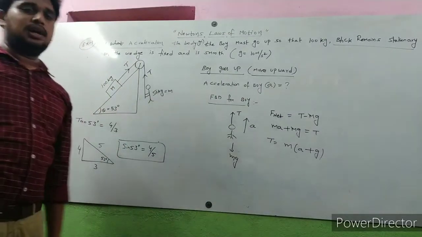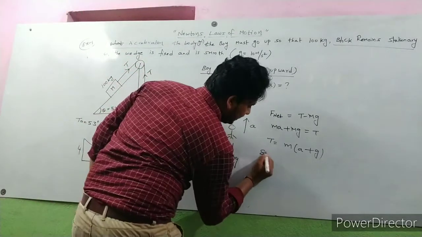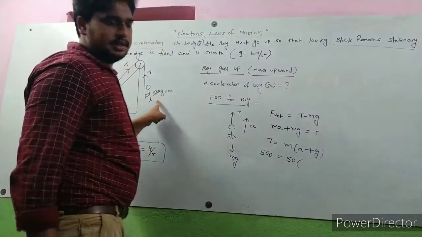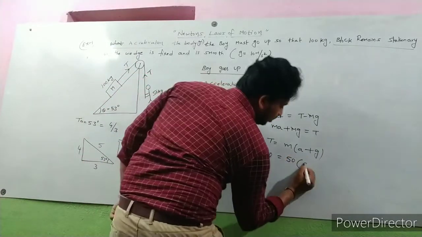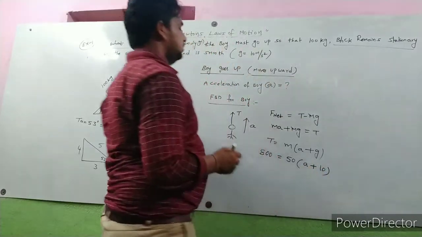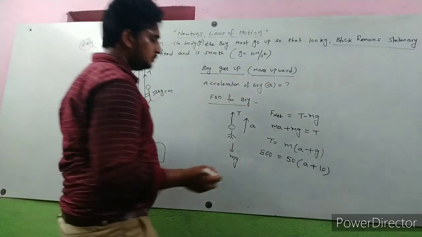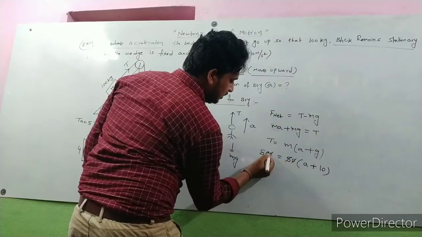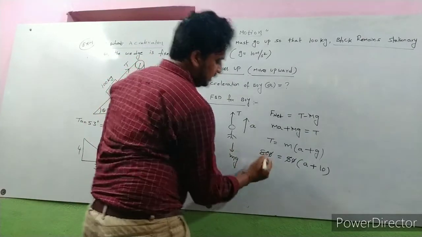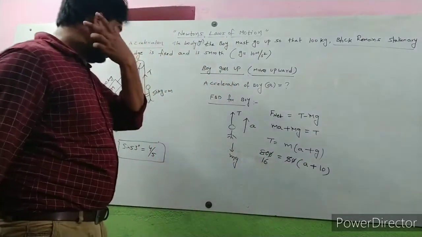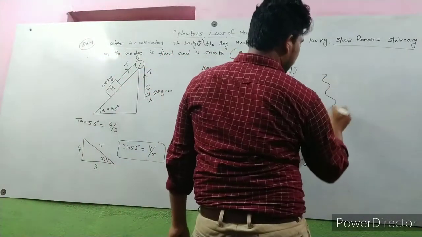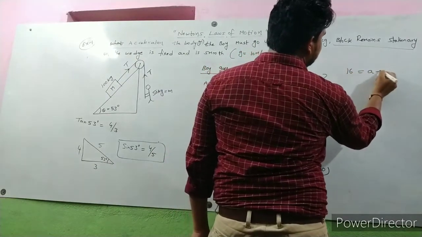Here the tension force we already know, it is 800. The m value is given as 50 kg. Mass of the boy is 50 kg into acceleration, which we don't know, plus g, whose value is 10. From this, 0 cancel, 5 sixteens, so we got 16 is equal to a plus 10.